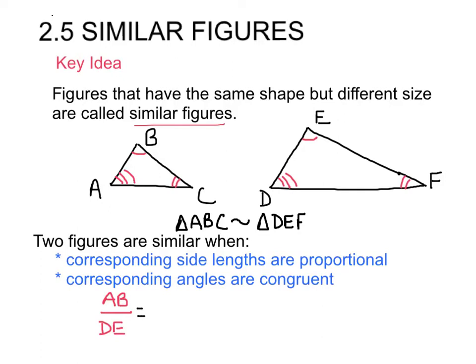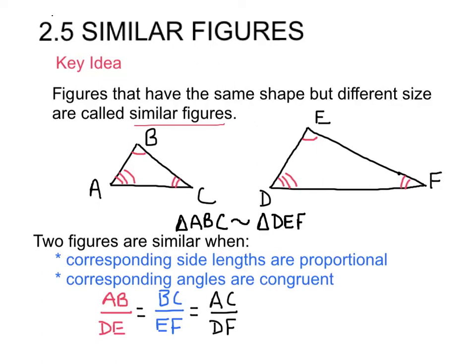which is then, if we do two more sides, we could say side length BC over side length EF, which is also equal to side length AC divided by side length DF. All of these fractions must be equal, every one of them.